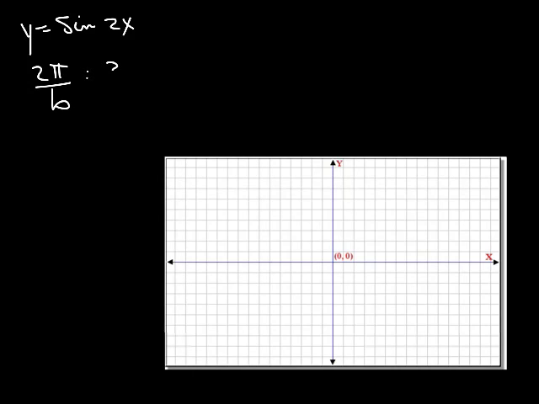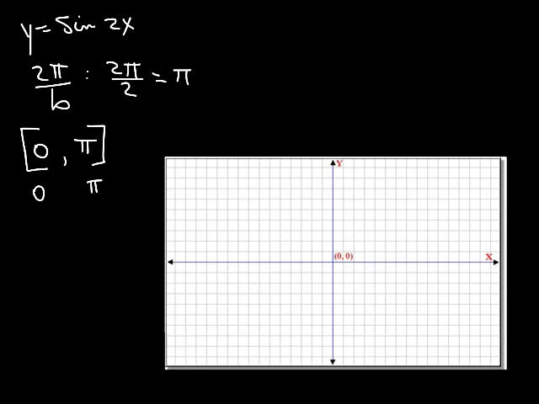So that equals 2 pi over 2, which equals pi. So that's my period. That means that it will start repeating itself between 0 and pi. So that's my interval. That's where my graph will show up, somewhere between 0 and pi before it starts repeating itself. My endpoints are 0 and pi.